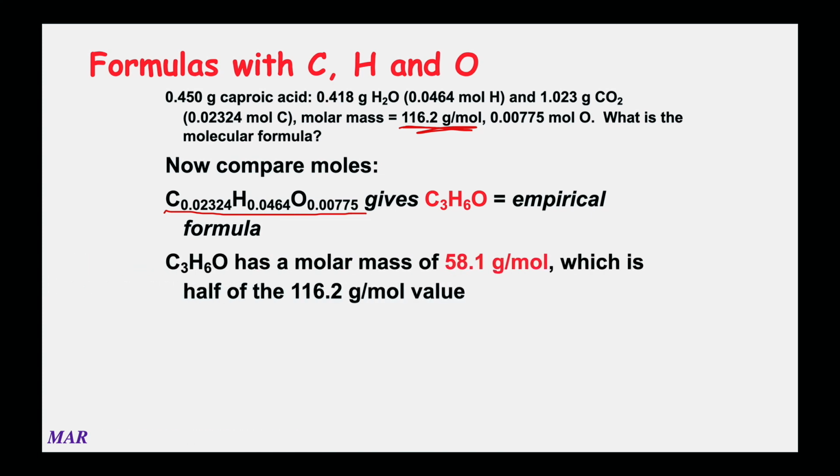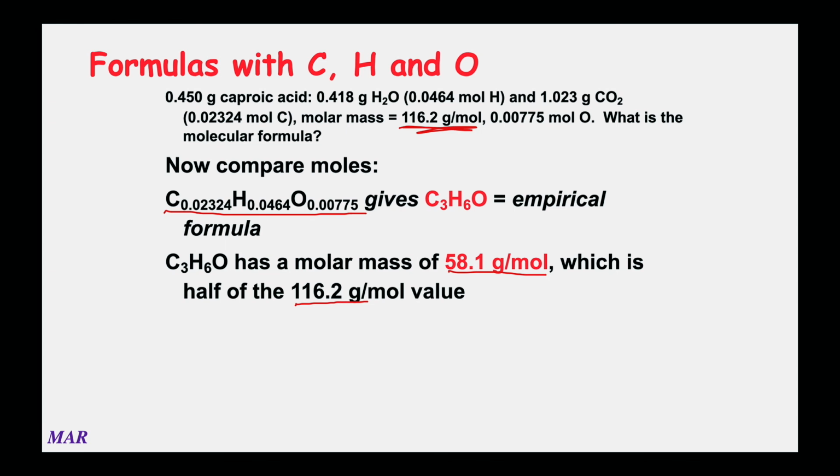So in this problem, if you add up 3 carbons and 6 hydrogens and 1 oxygen, or roughly 3 times 12 plus 6 times 1 plus 16, it comes out to be about 58.1 grams per mole. And you can compare the empirical formula's molar mass, which is this number, to the molar mass of the whole thing, which is the number that's given to you.